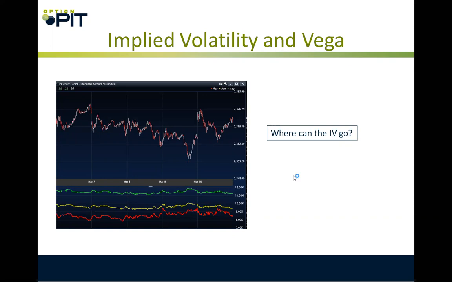That means either your wings are too cheap that you get to buy, or your guts are relatively expensive. Do you guys understand that? So when you start to look at something like that, that means one option can be moving a little bit out of whack versus another option. And doesn't that just sound like the skew curve kind of moving up and down depending on what the market's doing? That action.